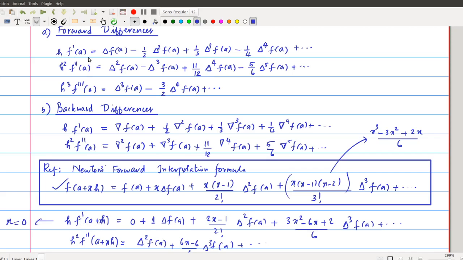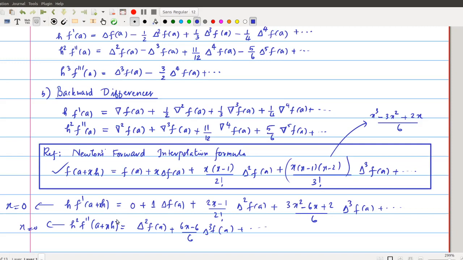So that will give the left side, and on the right side we have the second term starting from del f of a, minus, we put x equal to 0 here, so that will be minus 1 by 2 times this, and when you put x equal to 0 here, that will be 2 by 6, that is 1 by 3 times this, etc. So in order to get the second formula, you need to put x equal to 0 in the second expression. Similarly you can write the third derivative and put x equal to 0, and then you will get all these formulas. Okay, forward differences.